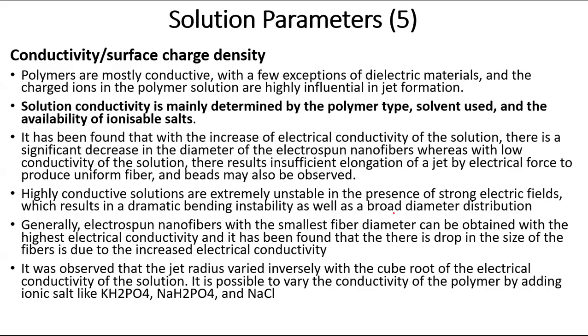So highly conductive solutions are extremely unstable in the presence of a strong electric field, so you need to have this connected with the electric field, which results in a dramatic bending instability as well as a broad diameter distribution.